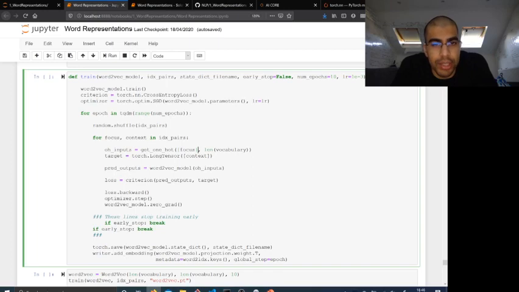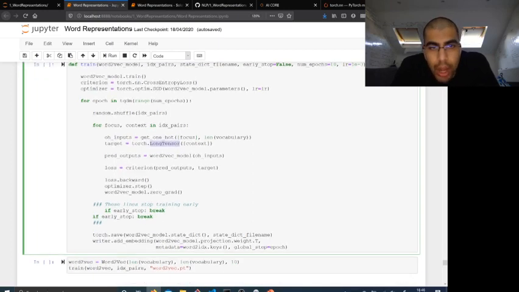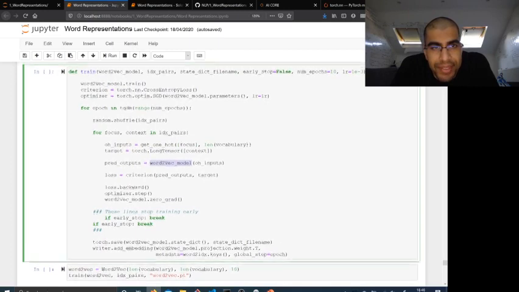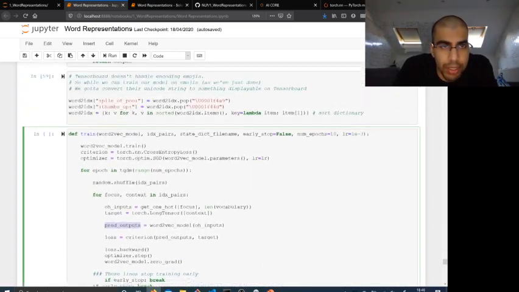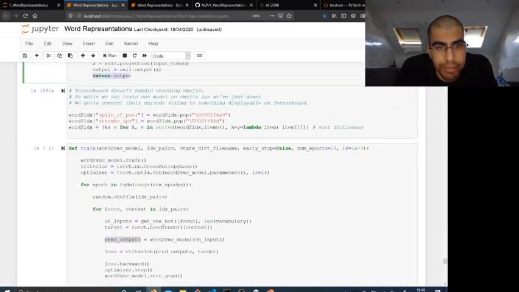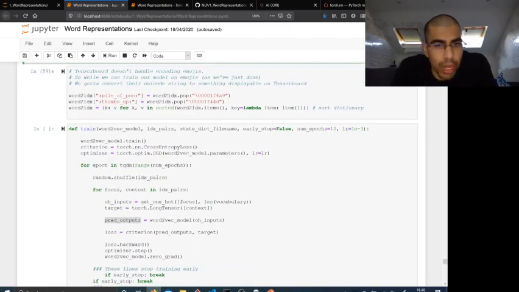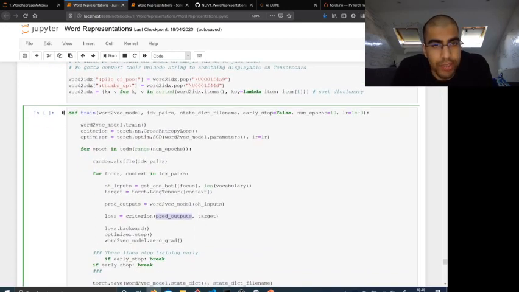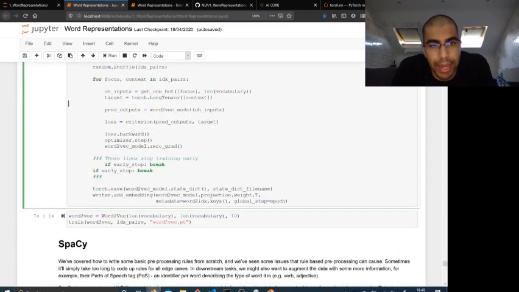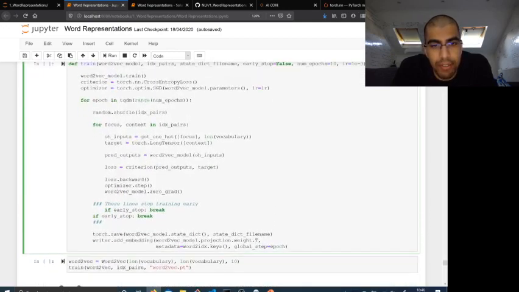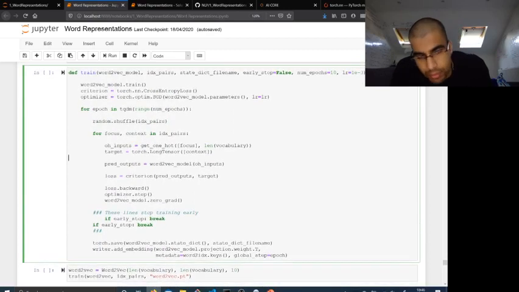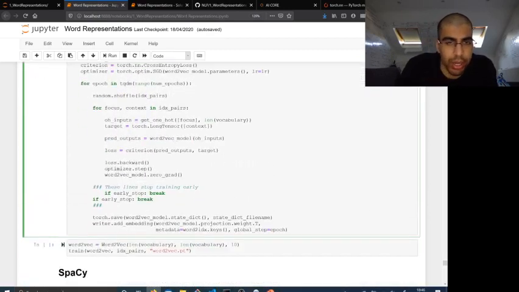Then we're going to initialize the target as just a tensor, and we're going to use the Word2Vec model that we pass in to generate our predicted outputs, or in this case our logits, and that's obviously just this return output here. We're then going to feed the predicted outputs into the loss function with our targets, and we're going to backprop and optimize and zero out the gradients, and we're going to save our models, and I'll show you why we're doing that in a second. I think you guys will find this really cool.